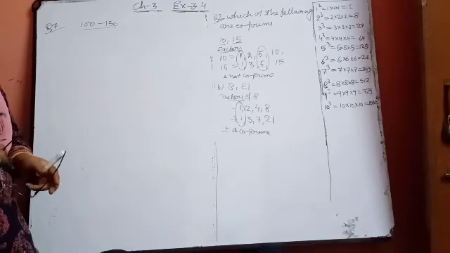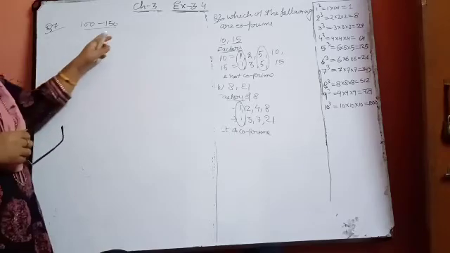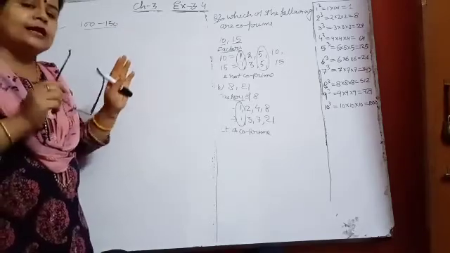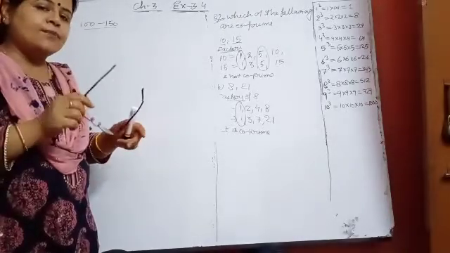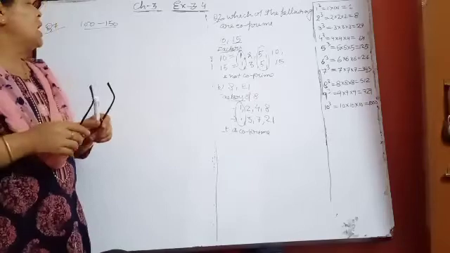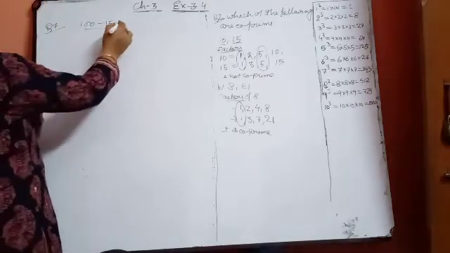As I selected between 1 to 100, in the same way you will select between 100 to 150. First select the prime numbers, circle them, and after that select the pairs of twin primes between 100 to 150. So this question is your homework.